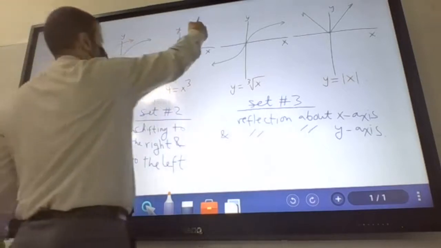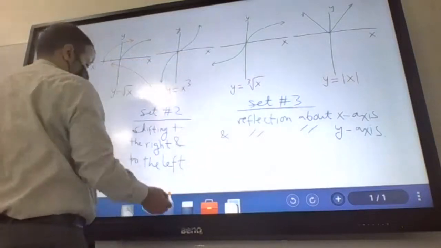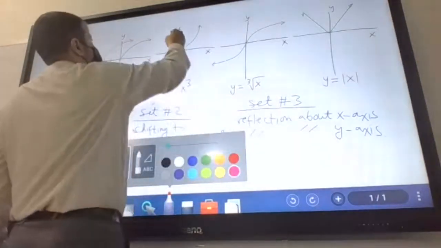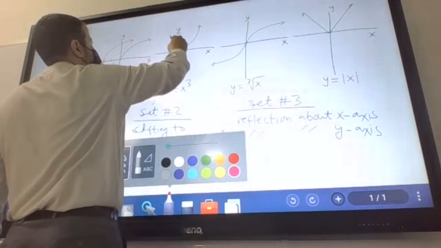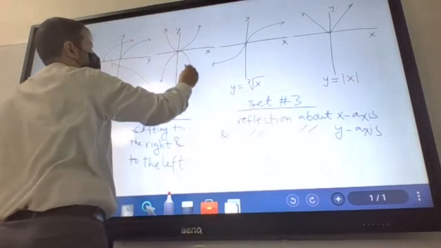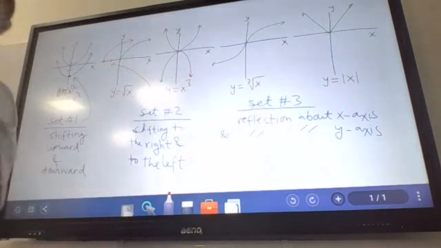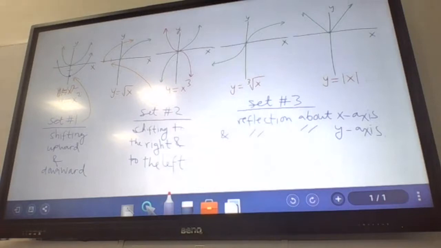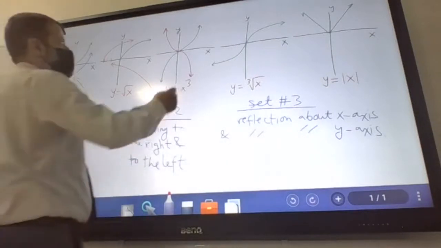Now, I know this is y equals x cubed. So what's the rule of this function? This function results by what? By reflecting the original function about the x-axis or about the y-axis.